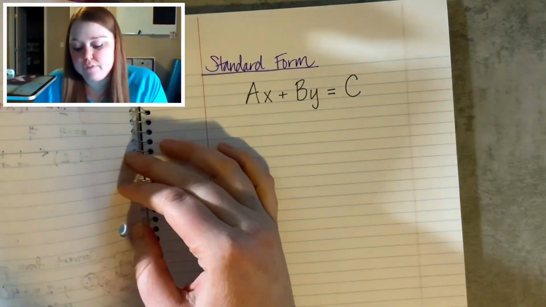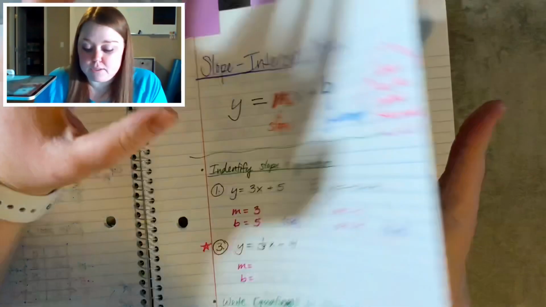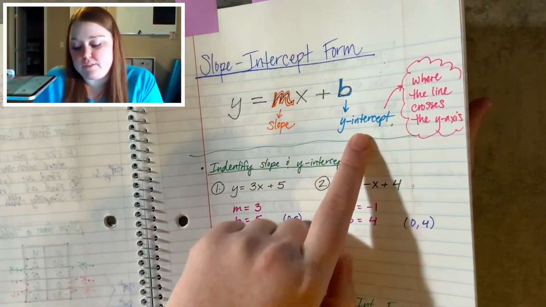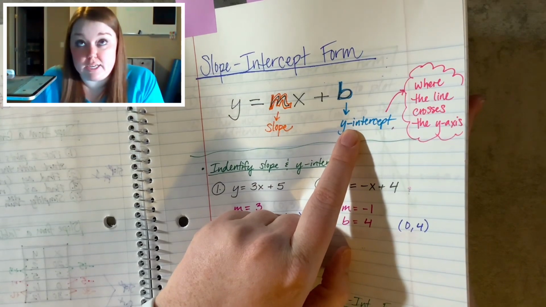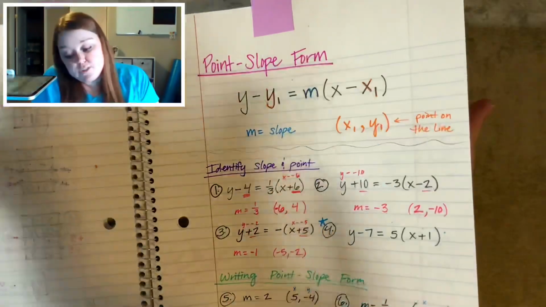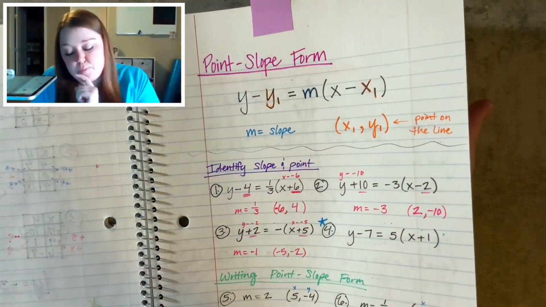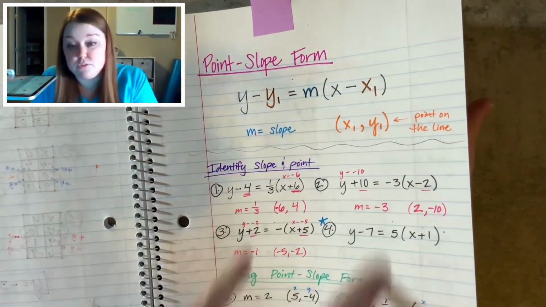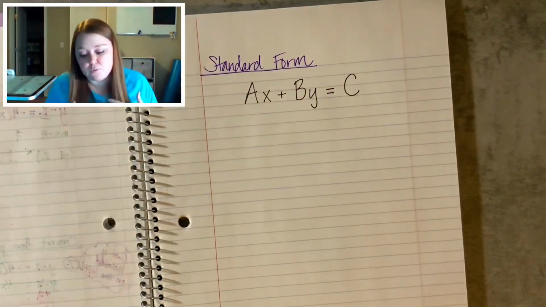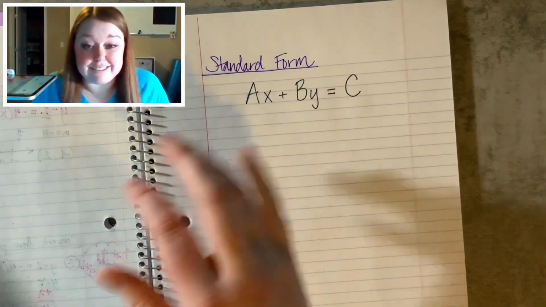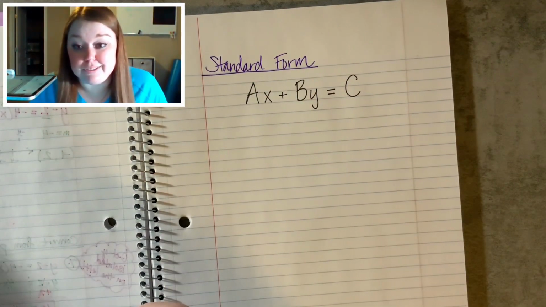And that's kind of the downside for me, because when I have something in slope intercept form, I can easily tell the slope, and it's also giving me a point that it lands on, which is the intercept. Point slope form gives me the slope as well as a point that falls on the line. But for standard form, I'm seeing this A, B, and C. Well, none of those is slope, and none of those are really a point on the line. Hate to tell you that.